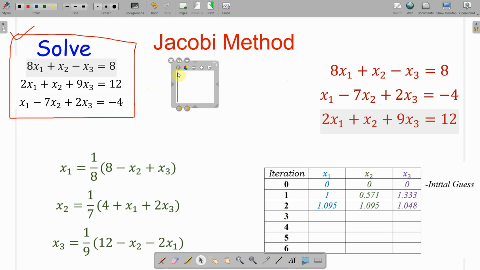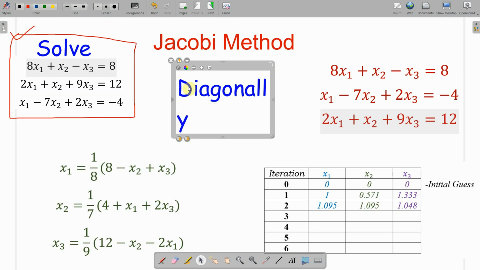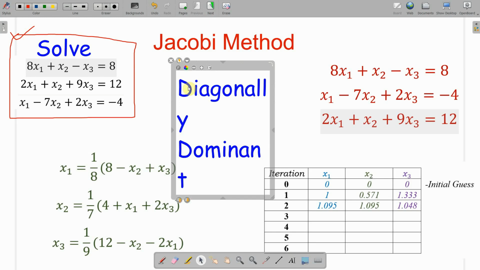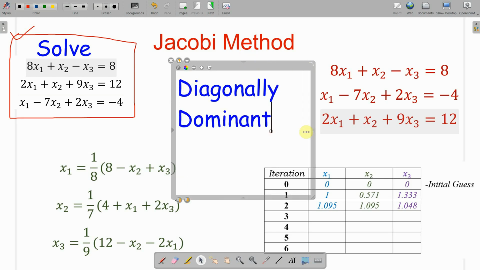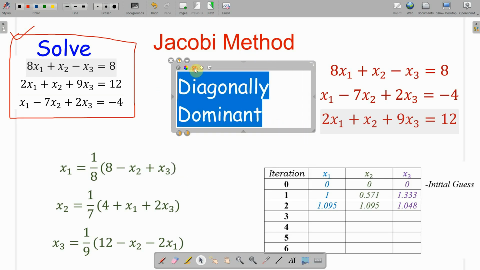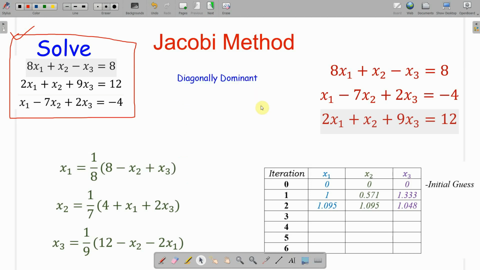That is the one condition you will be considering for the Jacobi method, the diagonally dominant condition.